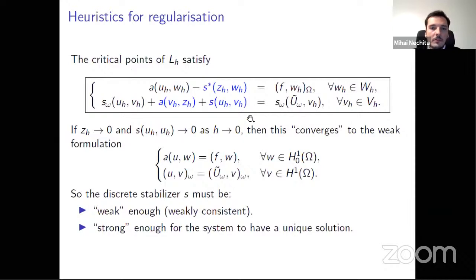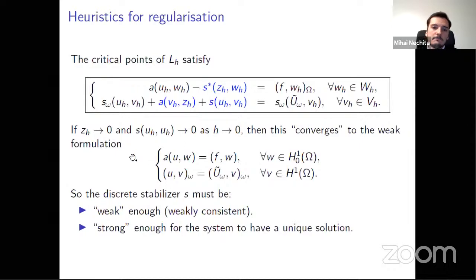So I would roughly want to indicate some heuristics for how to choose the regularization. Here I'm again writing the finite element method, and let's notice that if the terms in blue would go to 0 as the mesh size goes to 0, then, hand waving, we would recover the original weak formulation of our unique continuation problem.